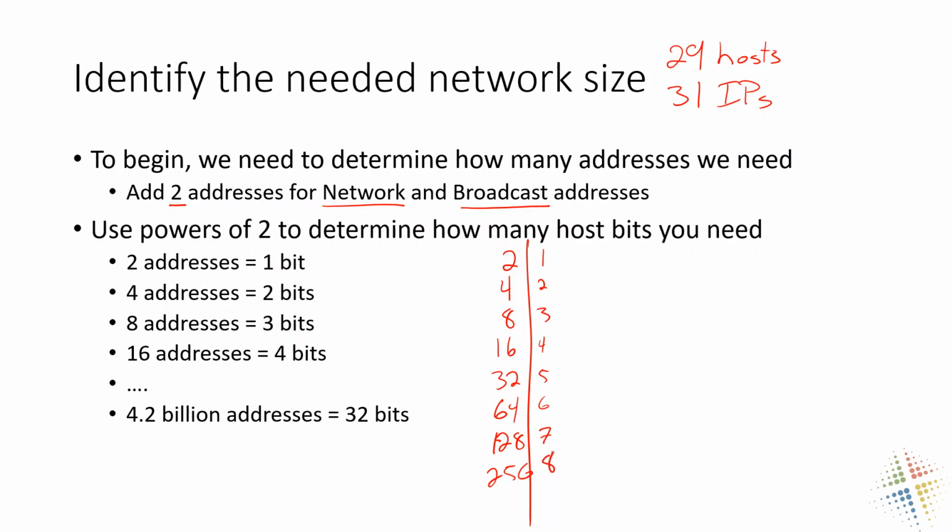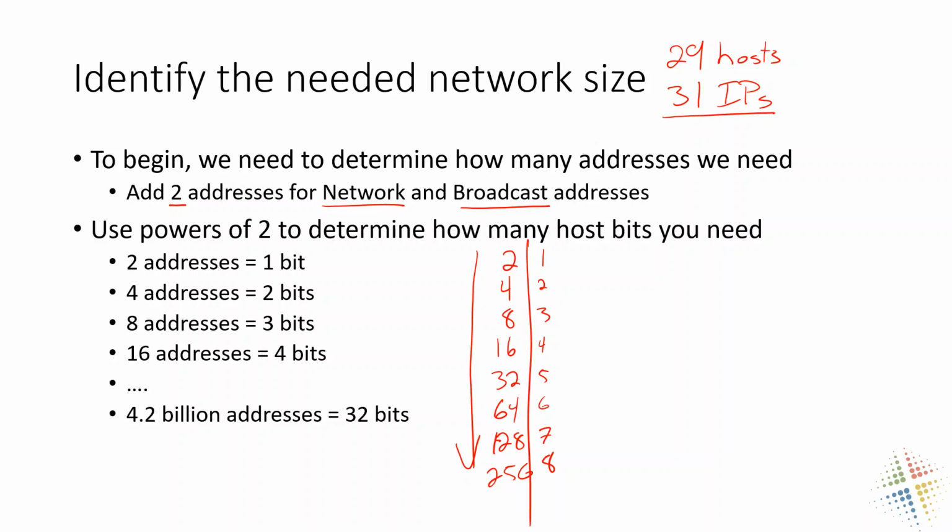And then I look at the number of IPs I need, 31, and I look down the list here. What I'm looking for is the number that is larger than my number of IPs, my necessary IP addresses, but not excessively larger.